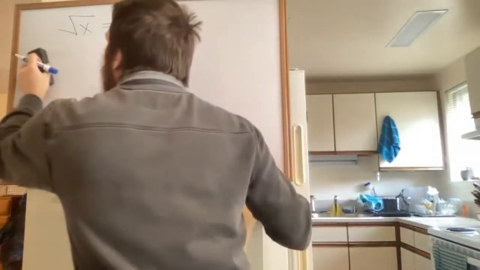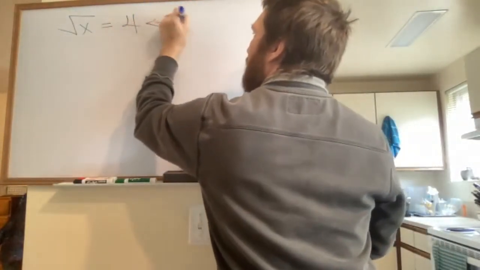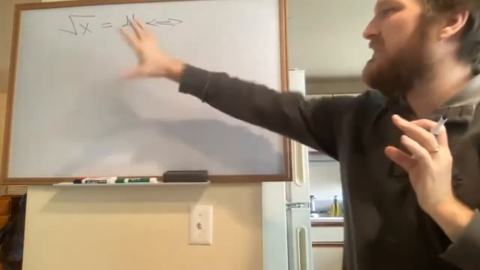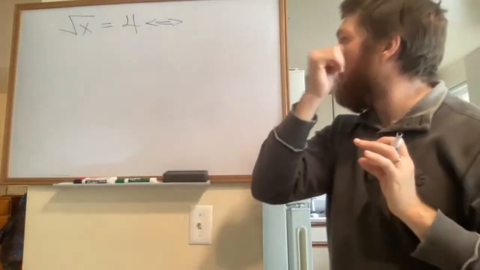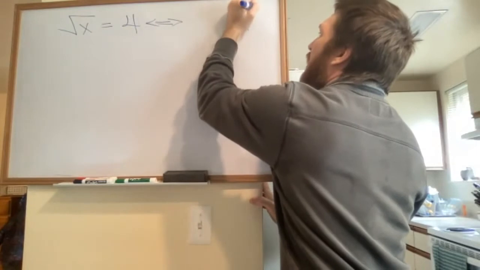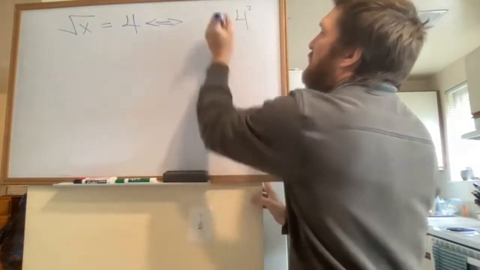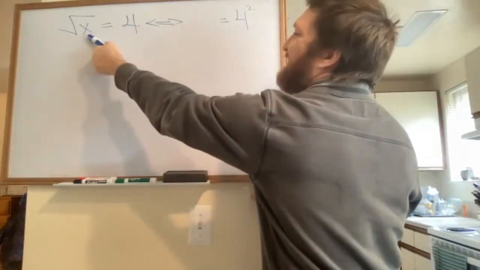That's cool. But what else does this mean? Remember, we said that we could rewrite this in exponential form. How would I rewrite this in exponential form? 4 squared equals what? 16. Well, yeah, but what is that guy right there?